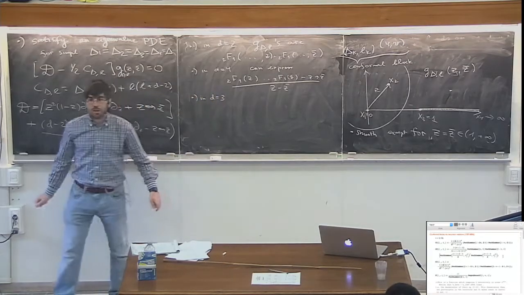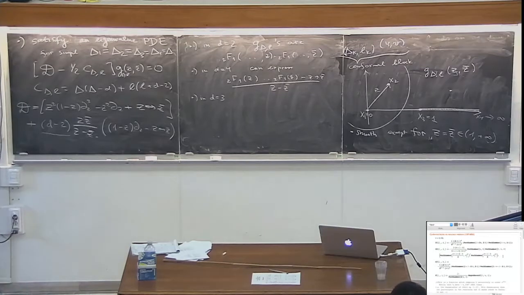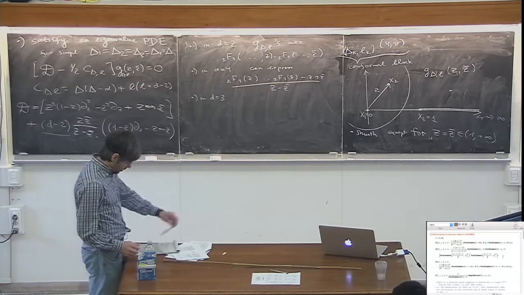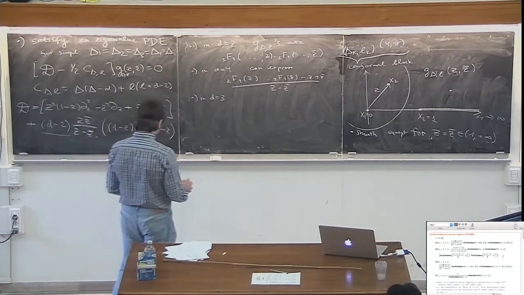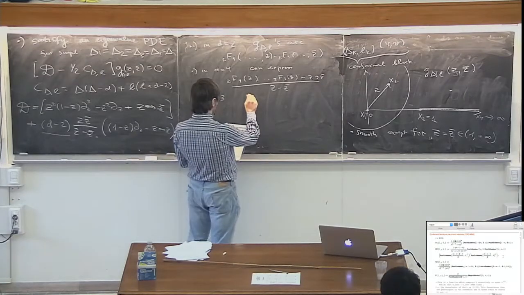So in d equal 3, which is the interesting case for the three-dimensional Ising model, for a long time it was unknown how to get exact special function expressions for these conformal blocks. And it's only very recently, actually last week, there was a very interesting paper by Isachenko and Shomeros.